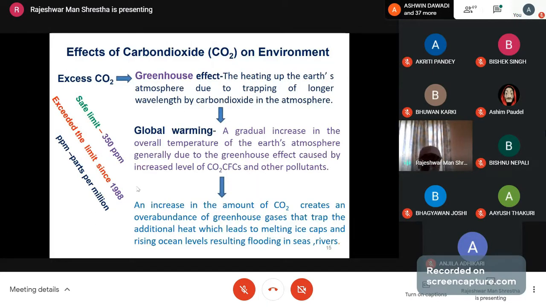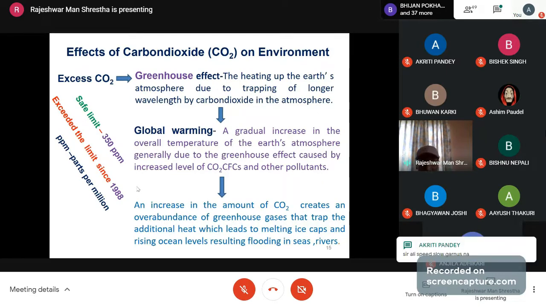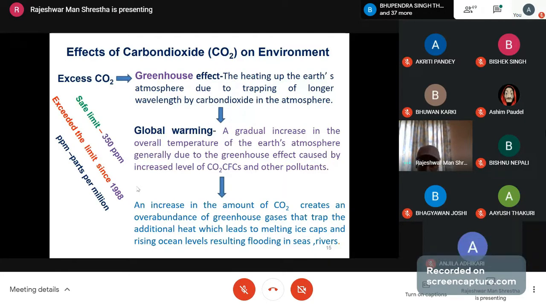As temperature increases, the volume increases and the water level increases, which causes flooding in the sea. In this way, the greenhouse effect and global warming cause flooding and lead to the melting of ice. When ice melts, it increases the volume of water, and that will cause flooding in the sea.